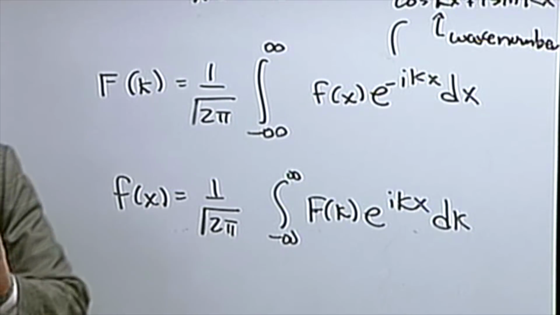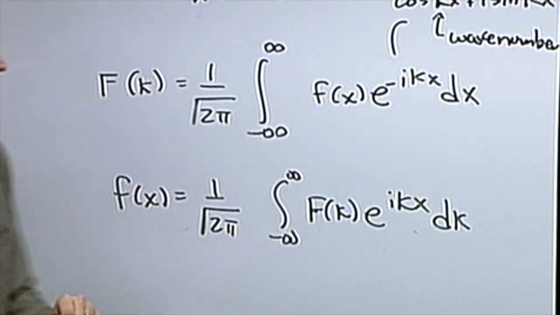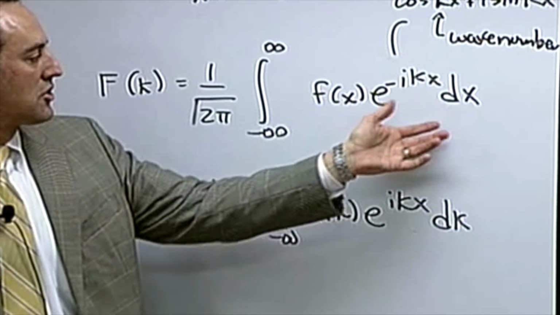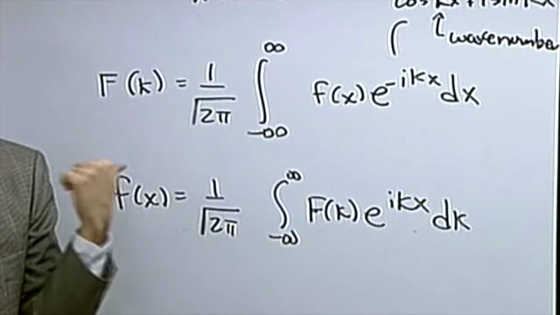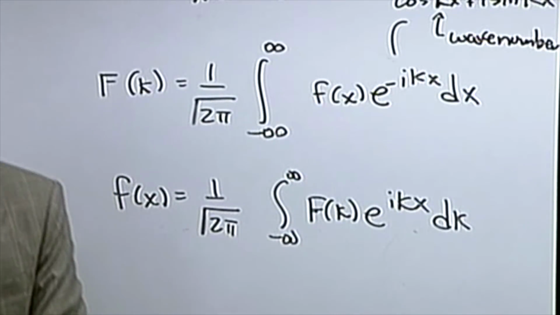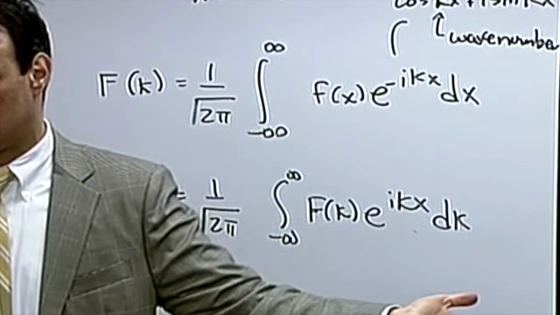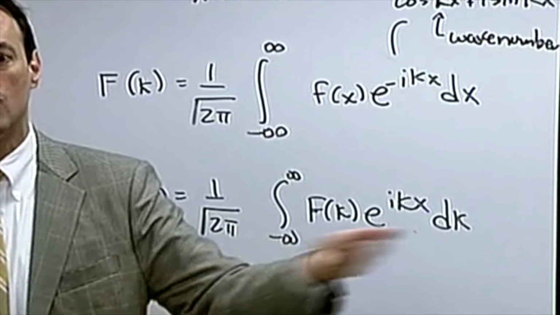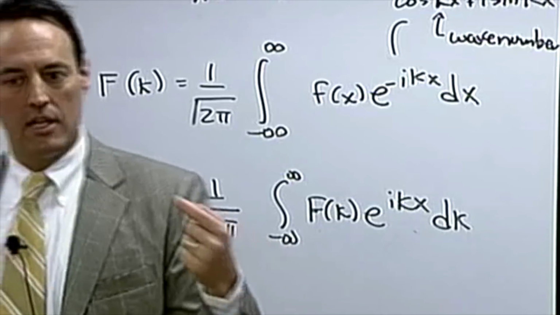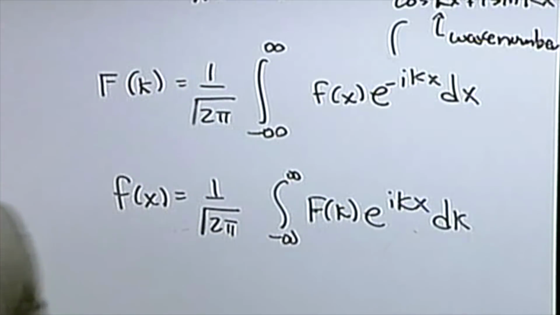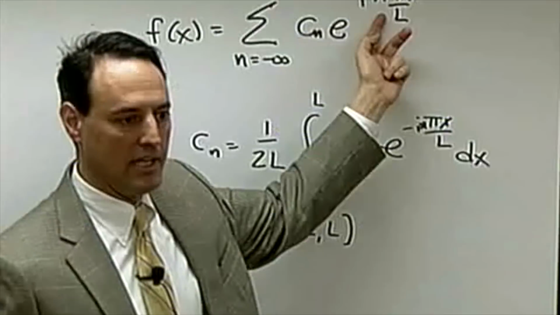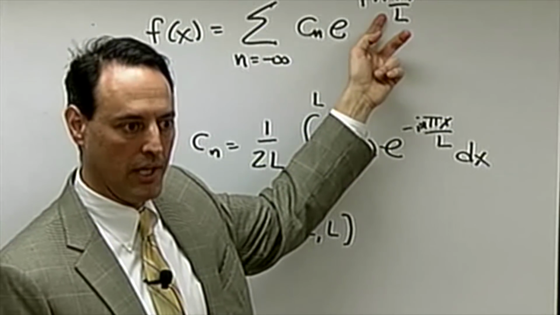But notice, in this infinite domain, I am assuming essentially, I'm going to integrate over all x values, and I get a continuous function of k. In other words, all frequencies are present. Okay, I have a continuum of frequencies. In the previous example, I had finite frequencies. N equals 1, n equals 2, n equals 3.